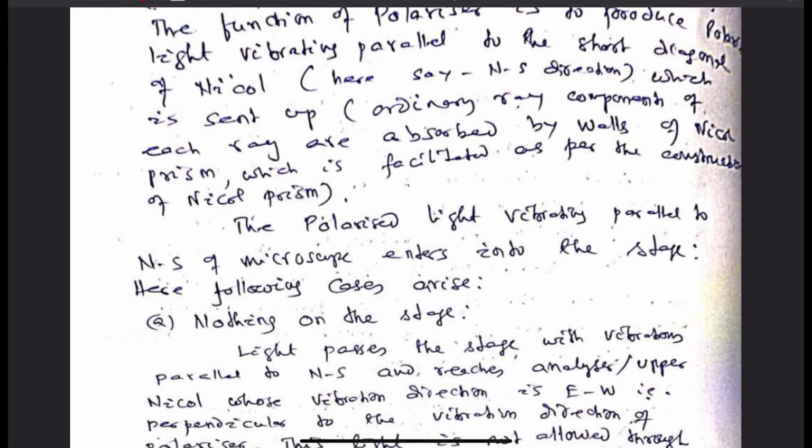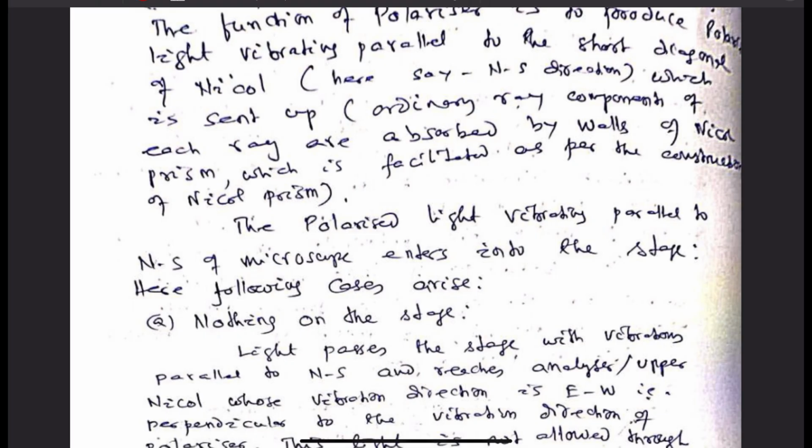So here we will discuss what happens when the light enters into the stage of the microscope. On the stage we may keep minerals, we may keep mineral slides, or we may not keep mineral slides. Or we may keep minerals of different systems.